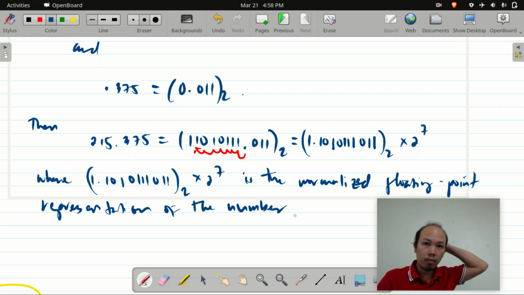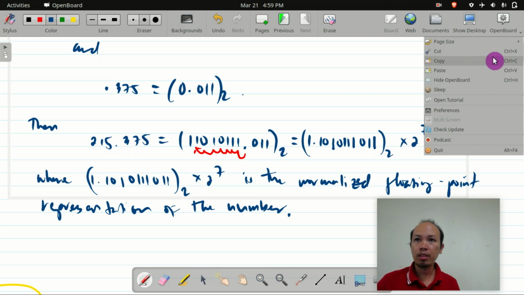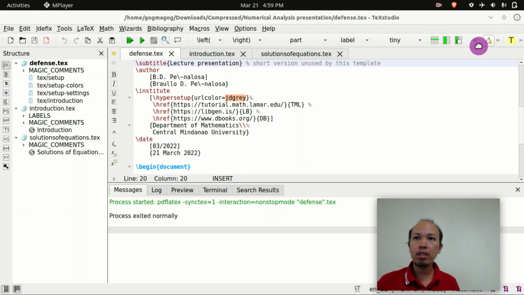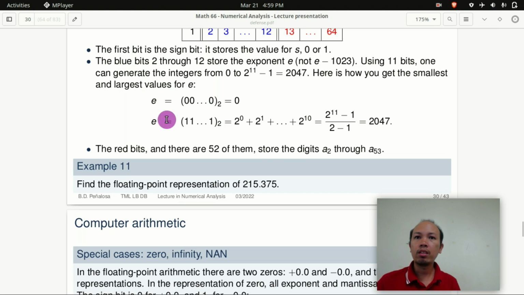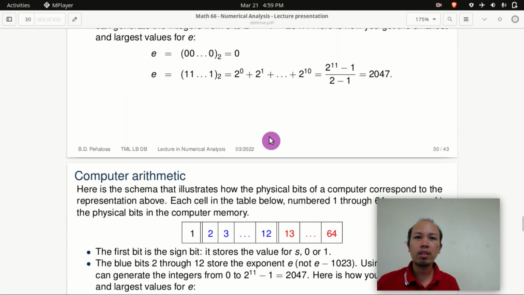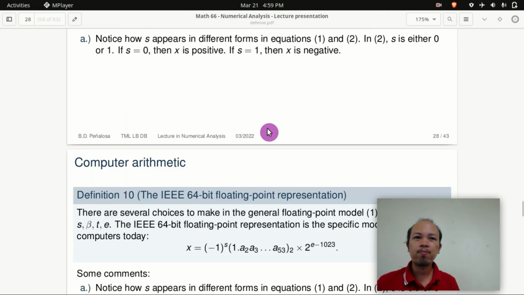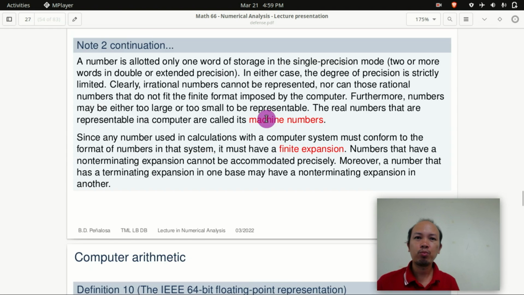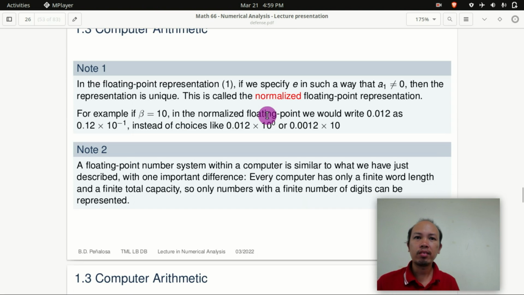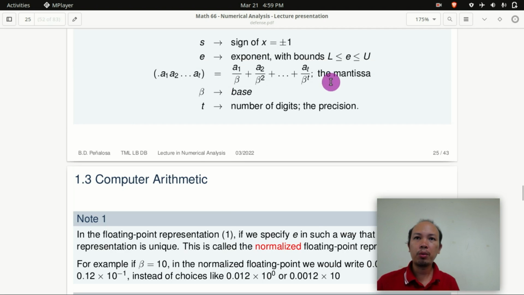This is in our previous discussion, as you can see here. This is equation 1.